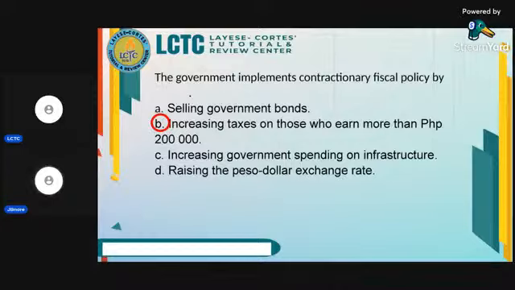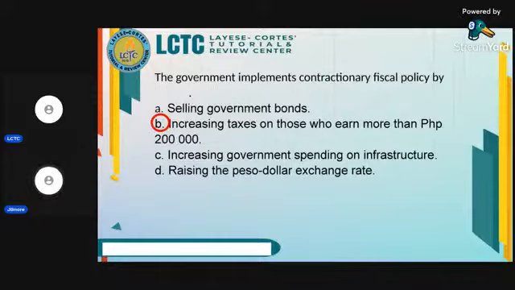Or infrastructures, bridges and roads to enhance production. Engage in business. Okay. So take note that expansionary fiscal policies are implemented during recessions, when there is high unemployment rate. Demand is weak because households are less capacitated to consume.